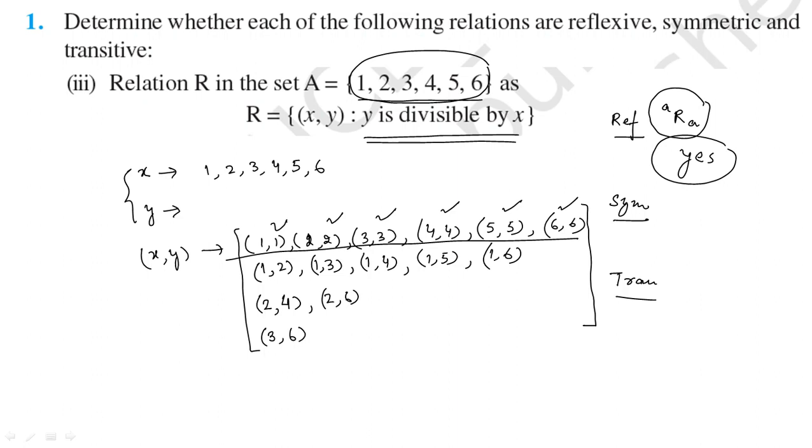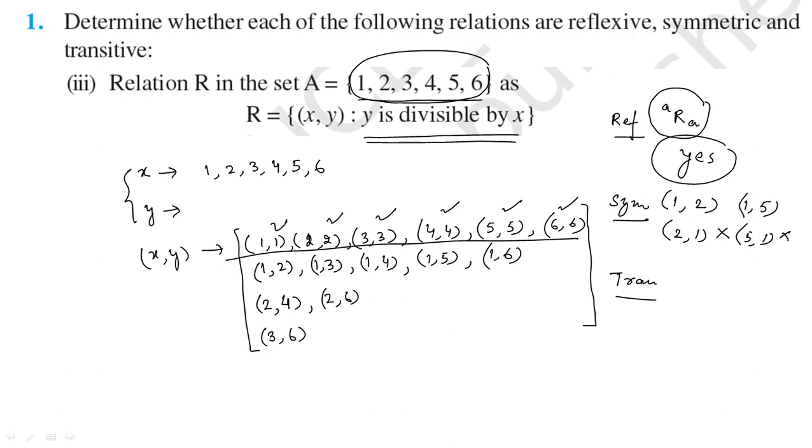Now what about symmetric? If I am talking about 1 comma 2, okay. What about 2 1? 2 1 is not there. 2 1 is not present. If I am talking about 1 5, 5 1 is not there.